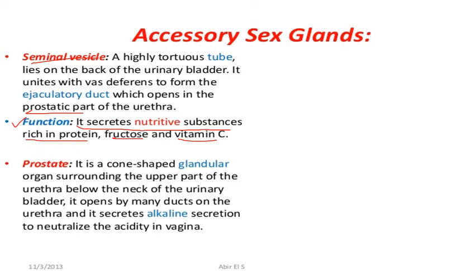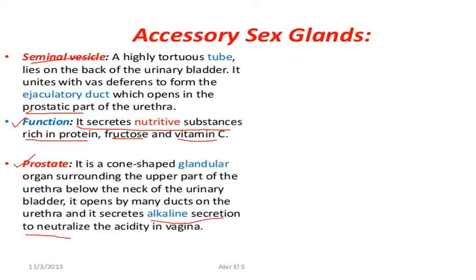Now moving towards the prostate gland. It is a cone-shaped glandular organ surrounding the upper part of the urethra below the neck of the urinary bladder. It is present just below the neck of the urinary bladder, and the seminal vesicle is at the back of the urinary bladder. So remember the locations of these accessory glands; location is very important and their function is important. These open by many ducts into the urethra and secrete an alkaline secretion.